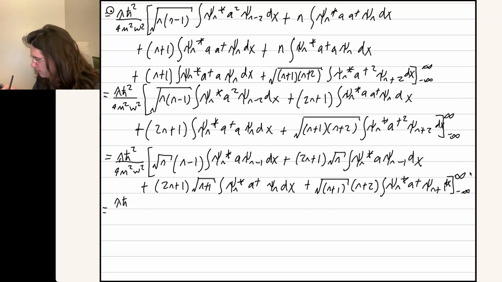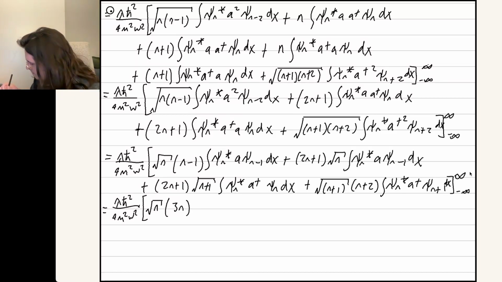And then we can do another simplification now, because we have a couple of integrals that are grouped like root n times the integral psi n star a psi n minus 1. Those add up to 3n. So 3n psi n star a psi n minus 1 dx.